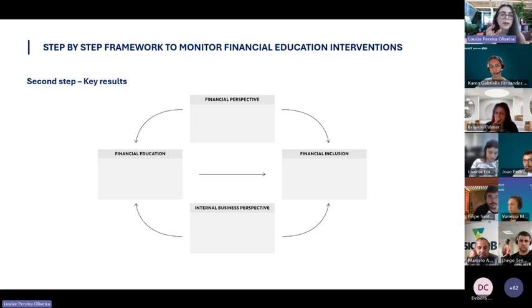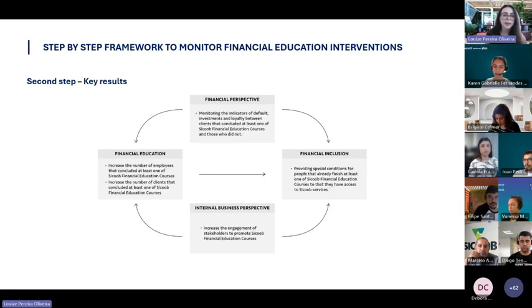For example, we have the financial perspective and we have the internal business perspective. Both contribute to financial education and financial inclusion. So this is important to analyze in this way. And financial education also contributes to financial inclusion. So this is the way we can read this map and these cards.